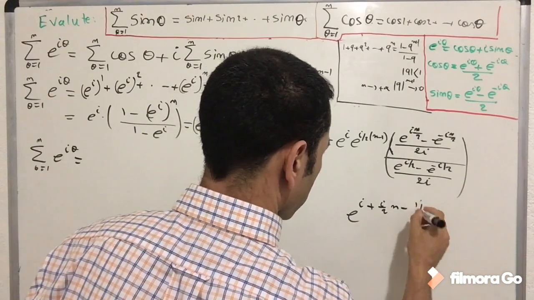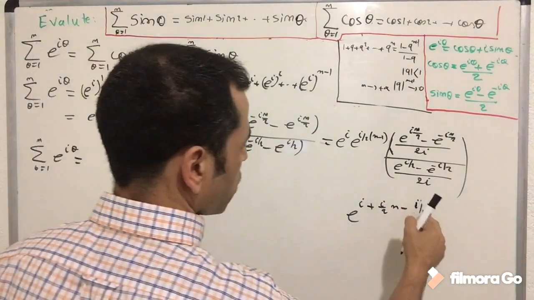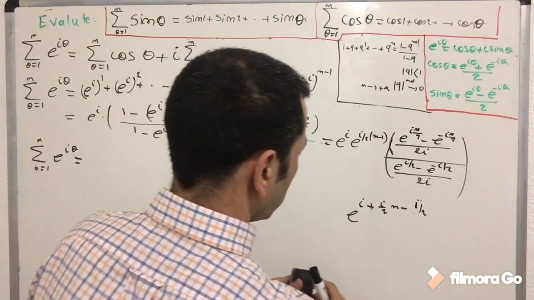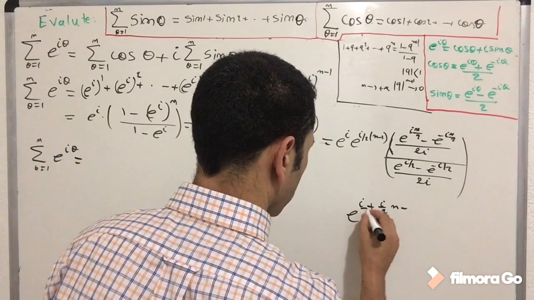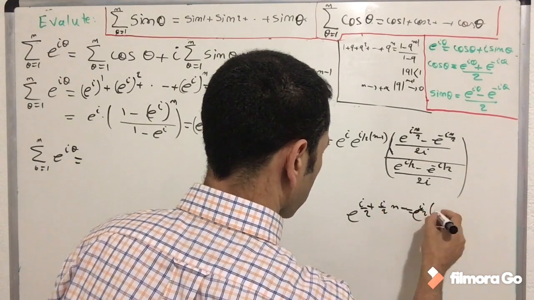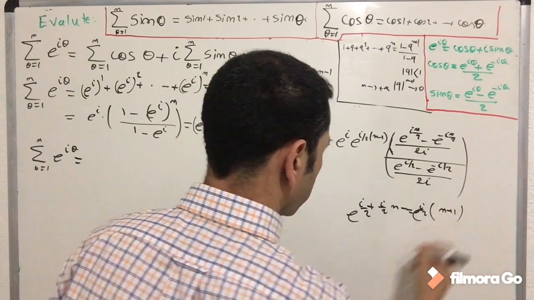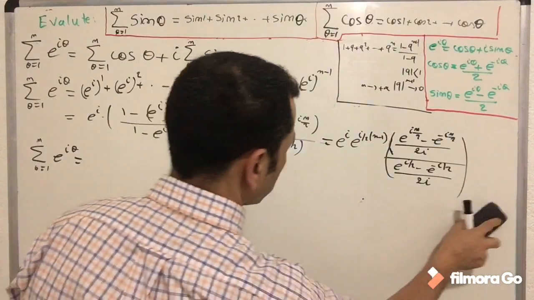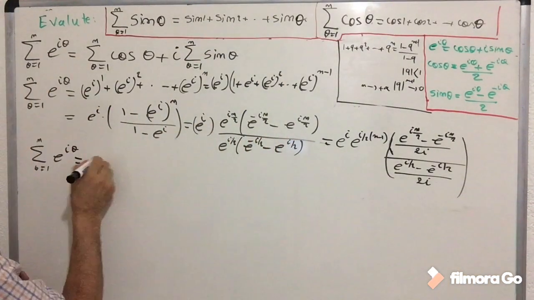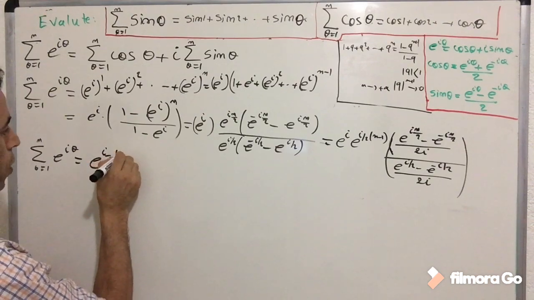This is i, this is minus i over 2, that means i over 2. So let's cancel this one, put in this one, and put i over 2 on the front. So put it n plus 1, that's it. That's what I'm doing here. So this one becomes i over 2 (n plus 1).